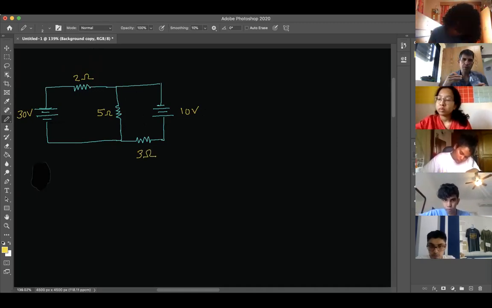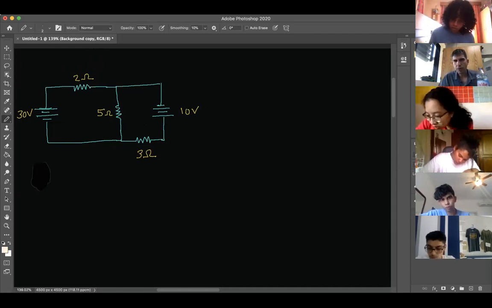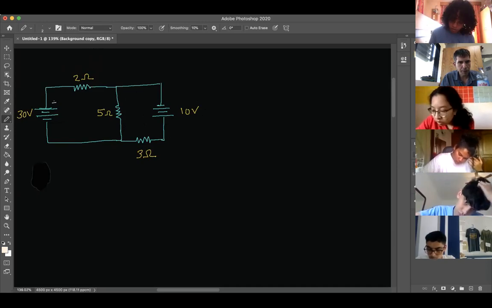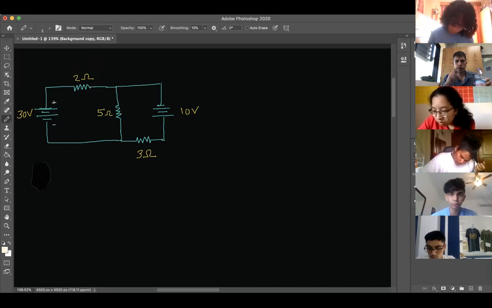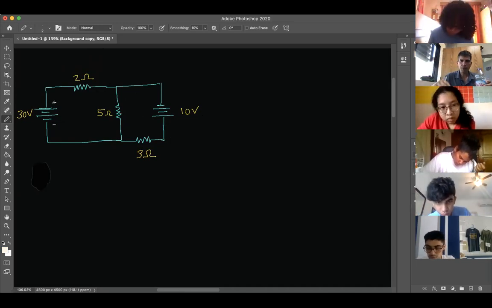All right, and once you draw it, could you go around the circuit and label, for example, I know that this is going to be my positive terminal, this is my negative terminal. Can you go around the circuit and try to label what is positive, what is negative?